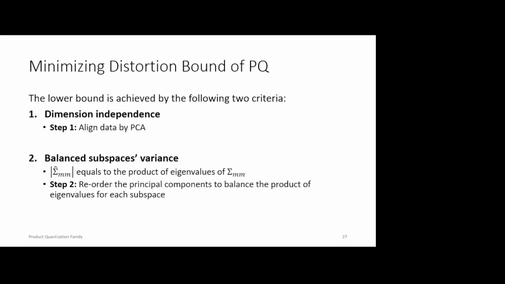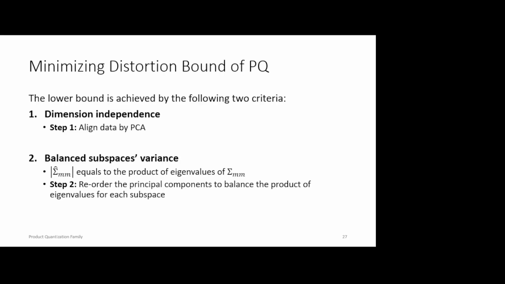Although it looks very complicated, in implementation it's very easy. First you do the PCA. Do the PCA, you will get the eigenvalues and the eigenvectors. Second, suppose I get the PCA eigenvalues like this: 10, 5, 3, 1.